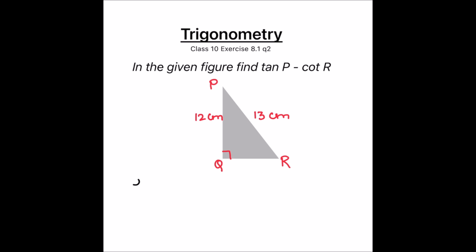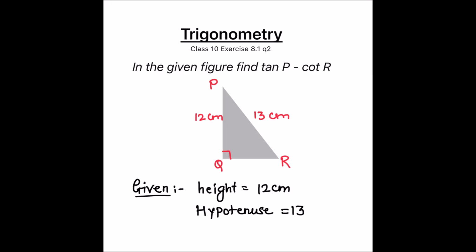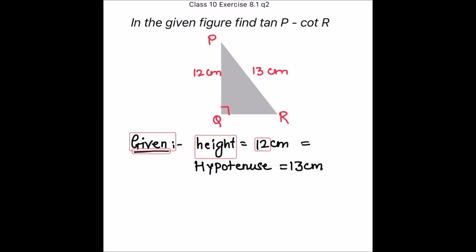First we'll write what is given in the question. Given is height, which is 12 centimeters, and hypotenuse is 13 centimeter. Height is also PQ.